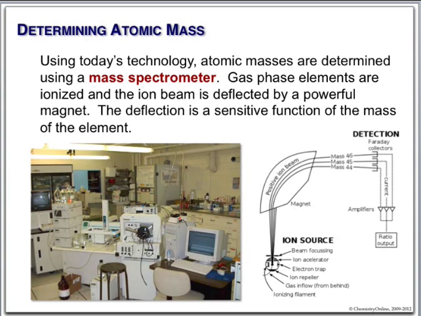It's ionized, moves into this big magnet, which is here. Because it's ionized, it'll have a charge, and the magnet will bend it. The magnet bends it, comes out at the other end, and you have some array that you can detect it with.